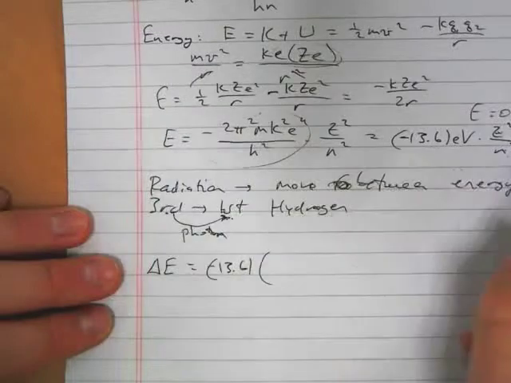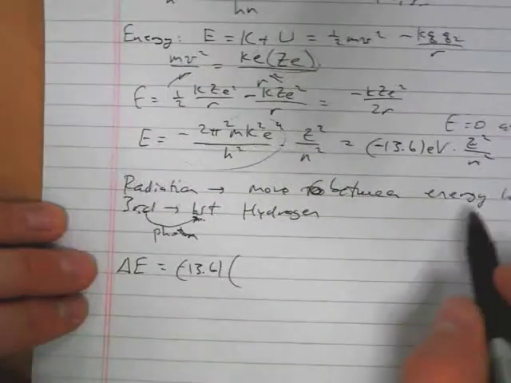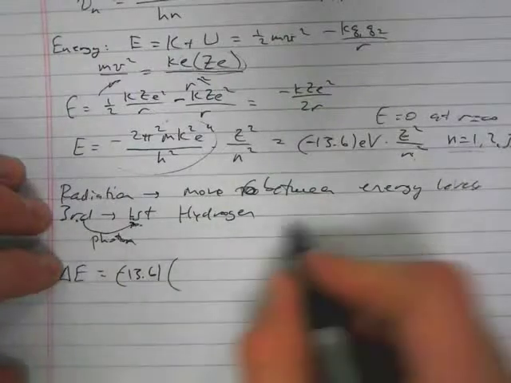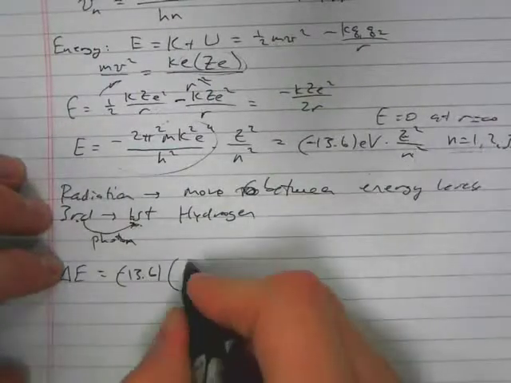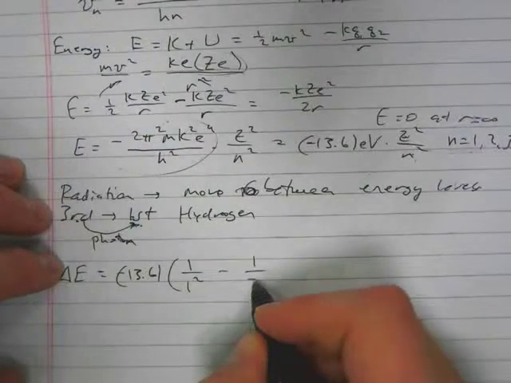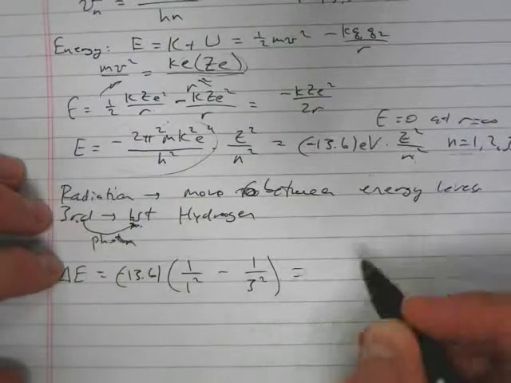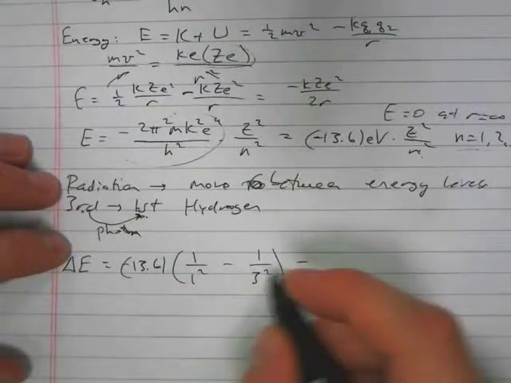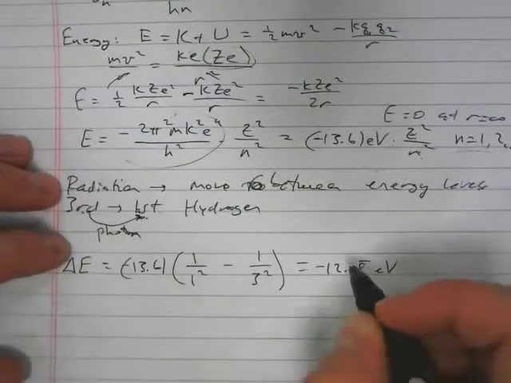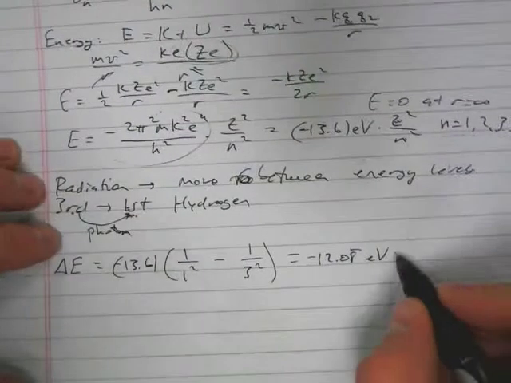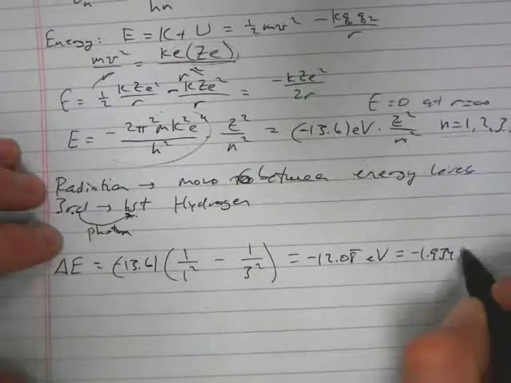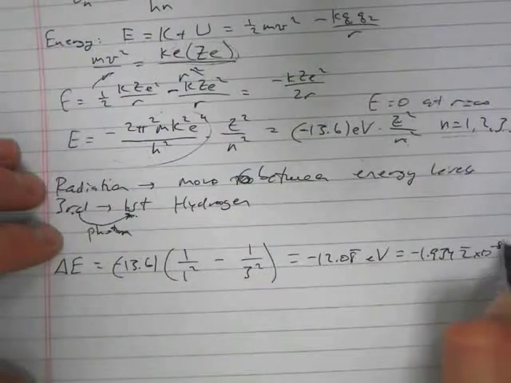So Z equals 1, and our final energy level is the first, so that gives us a 1 over 1 squared, and our initial energy level is the third, that's 1 over 3 squared. And if we plug those numbers in, we get minus 12.08 repeating electron volts, which converted is 1.9342 times 10 to the minus 18th joules.